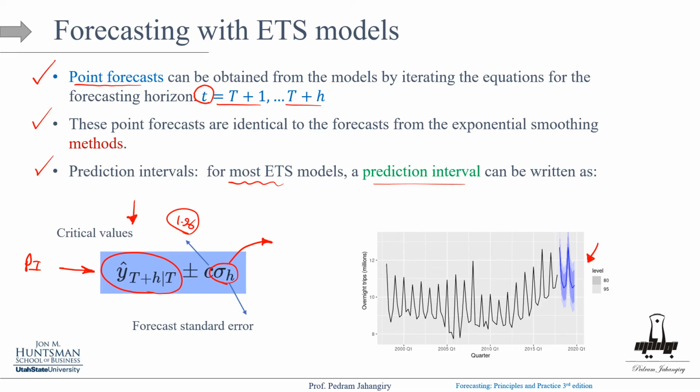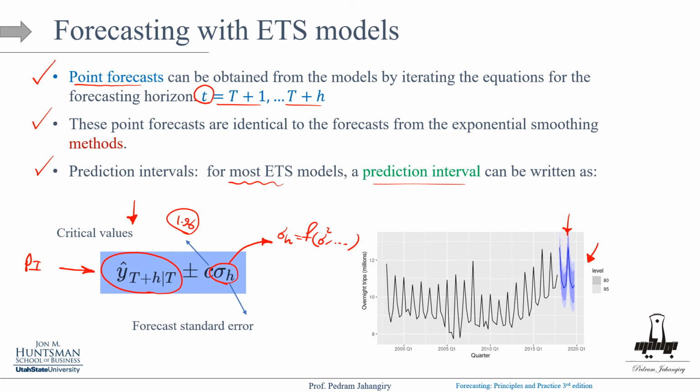Sometimes we can find closed form solutions for these sigma hats, sometimes not, since it's a function of sigma square and all the other parameters. Regardless, in Python, this thing is solved numerically, so we can always come up with prediction intervals no matter what ETS model we're using.